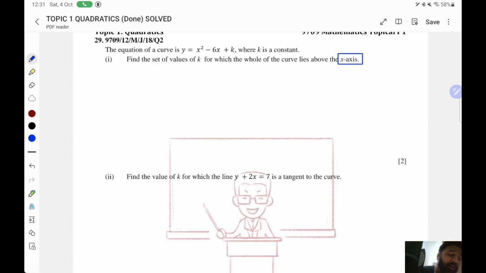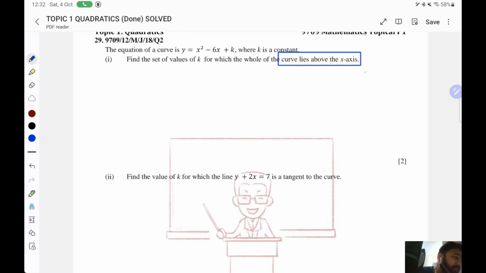No, he means that you need to find all the set of values of k for which the curve lies above the x-axis. You're not reading the question properly. He says that the curve lies above the x-axis. Above the x-axis means that it is not intersecting the x-axis.